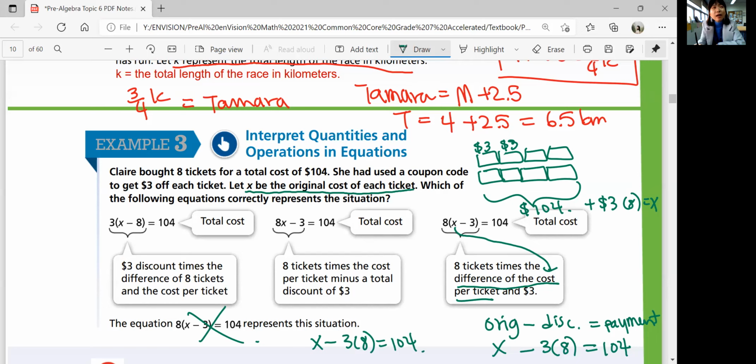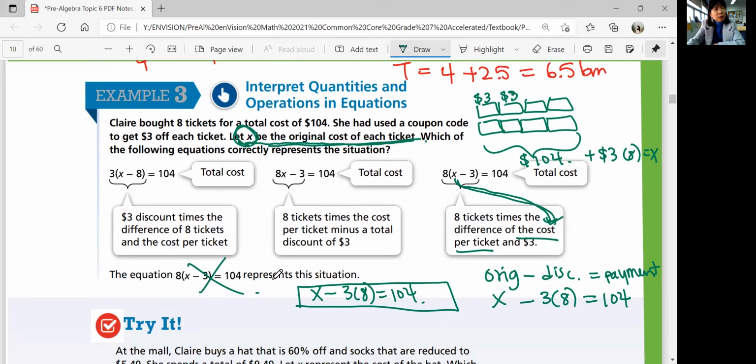But here, this X represents the cost per ticket, but X needs to be the original cost of each ticket. So this doesn't make sense either. It just needs to be X minus 3 times 8 equals 104. I'm sorry that we have a typo in the textbook, but it happens, and that's okay.